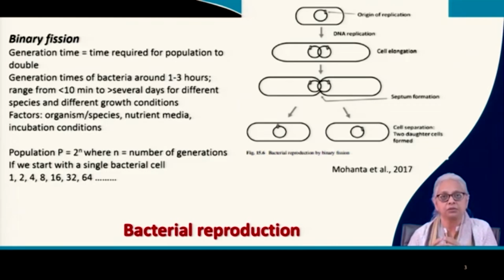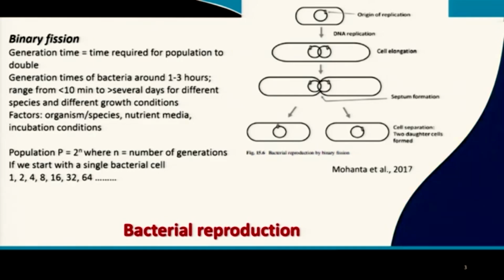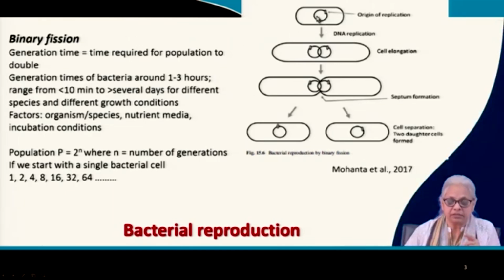The first thing is generation time. So what is the time required for a single cell to become two cells? And these two cells will then become four, and because each one will create two, so one will go to two, two will go to four, four will go to 8, 8 will go to 16, and so on. So from the time that you have a single cell to the time that you have two cells, that is the generation time.